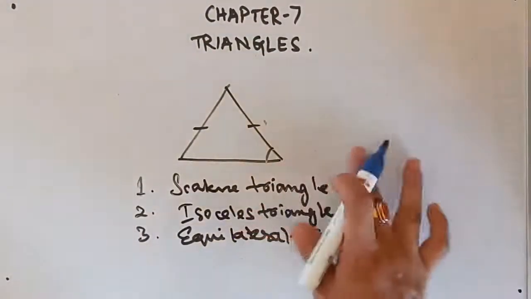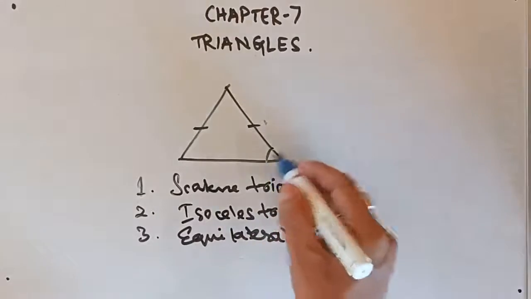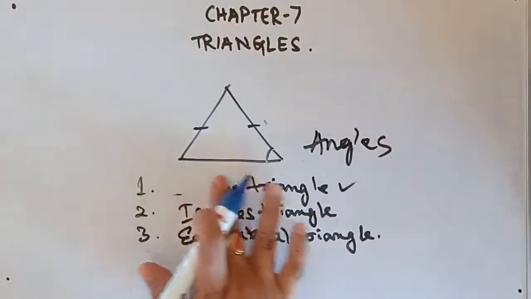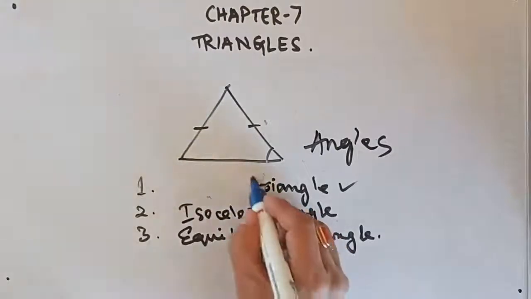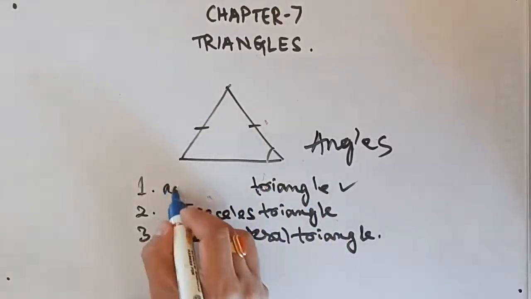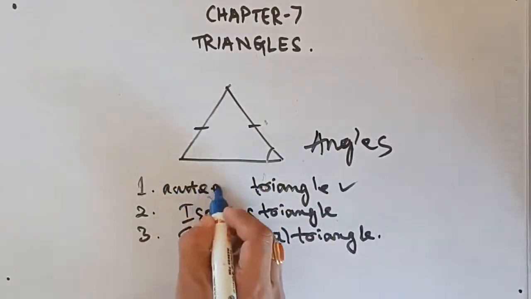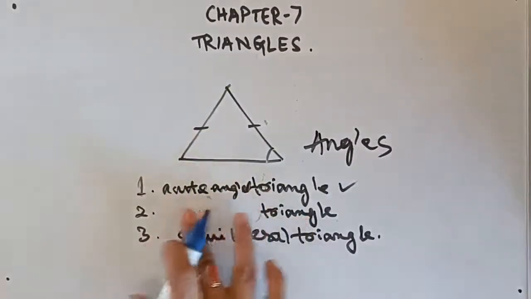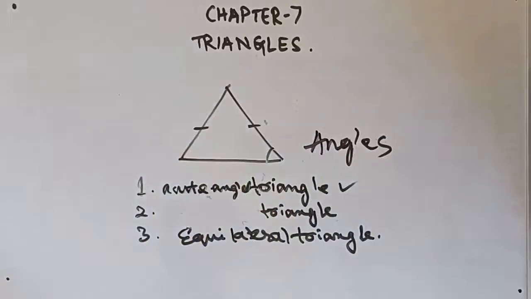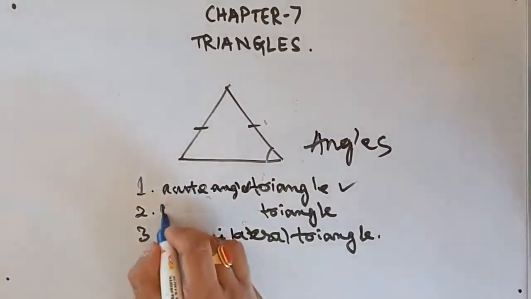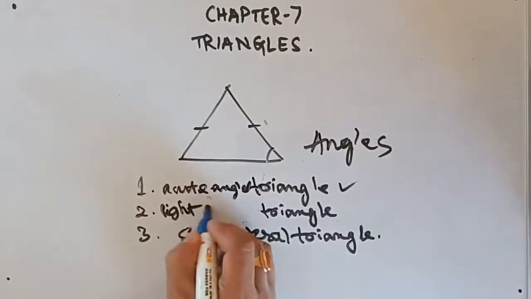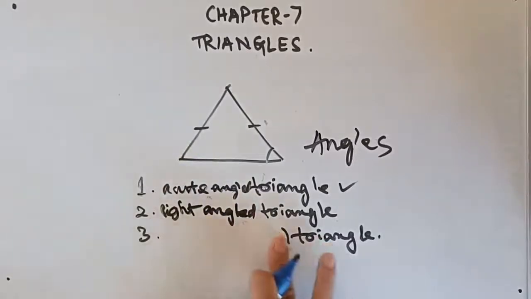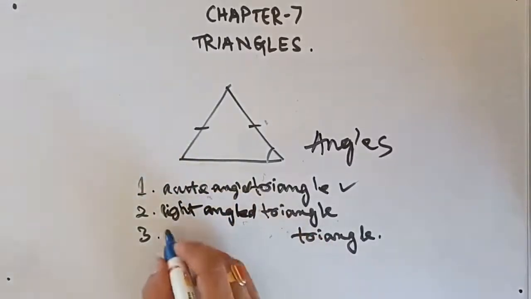And the types of triangles classified based on the angles are acute angle triangle, right angle triangle, and obtuse angle triangle.